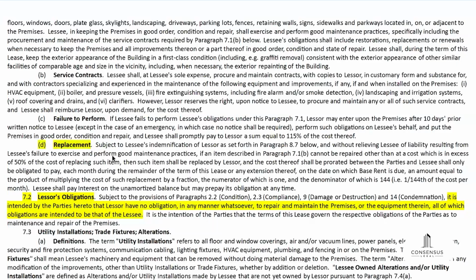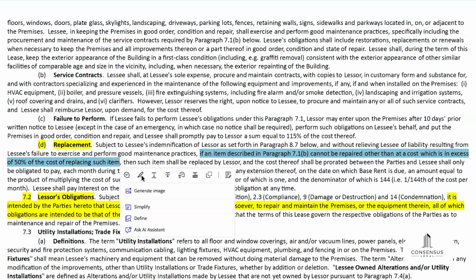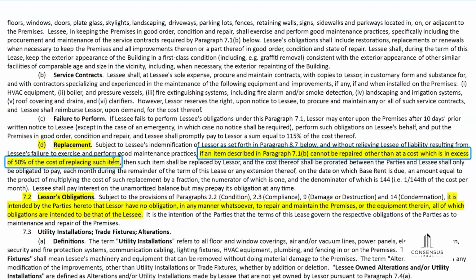Lessor does have a replacement obligation, and that replacement obligation is described in 7.1D. So this provision says that if an item described in paragraph 7.1b cannot be repaired other than at a cost which is in excess of 50% of the cost of replacing such item, then such item shall be replaced by lessor.